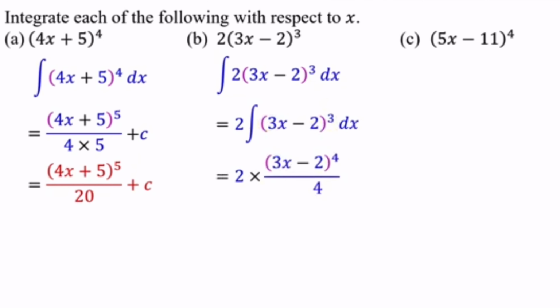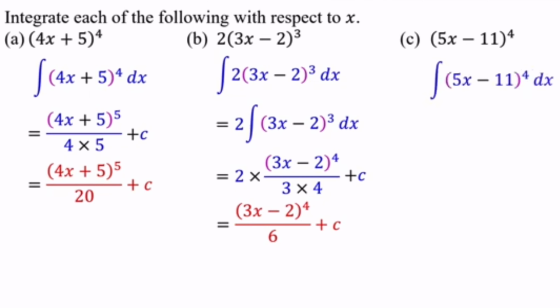So (3x − 2) to the power of 4 and divide by 4. And then we have to make sure we divide by the number that multiplies x, which is a. So actually the answer will be (3x − 2) to the power of 4 divided by 6 plus C. Have to simplify the answer to the simplest form.